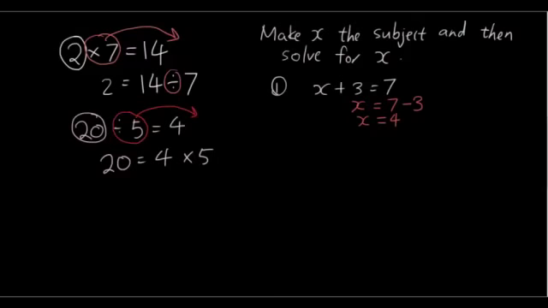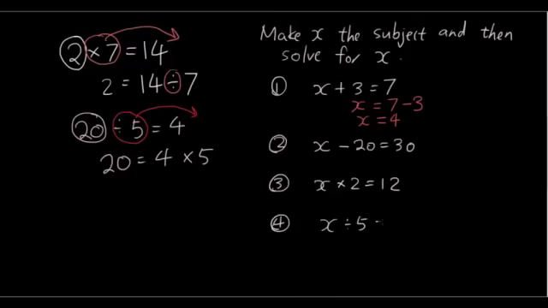Don't skip any steps. Don't just write the answer, because that's not the point. We want you to show the working out. Okay, so x minus 20 equals 30. x times 2 equals 12. x divided by 5 equals 4.